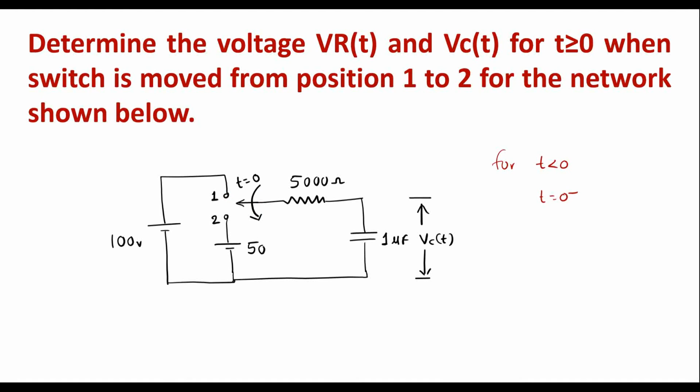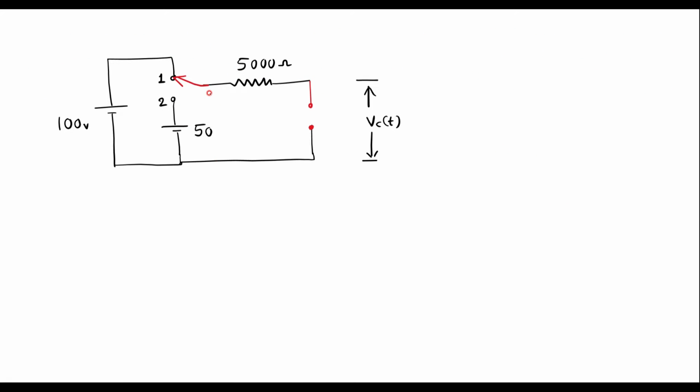Let me draw the circuit. So this is the circuit at t equal to 0 minus, that is, the switch is connected to position 1. So when the switch is connected to position 1, the circuit is in steady state.